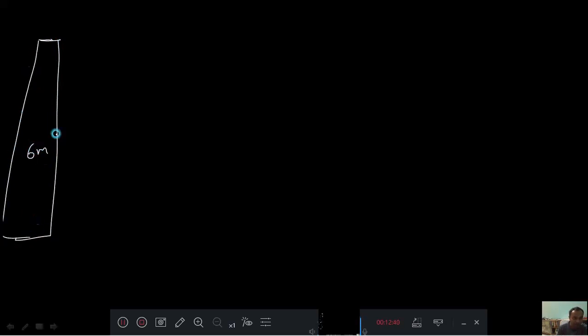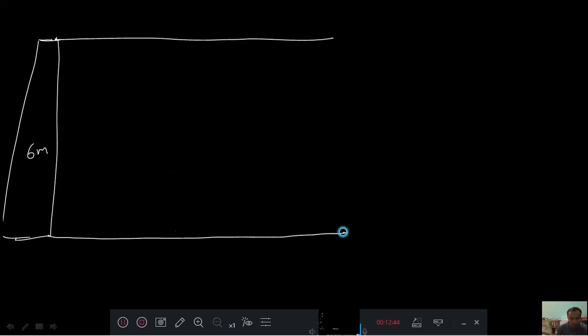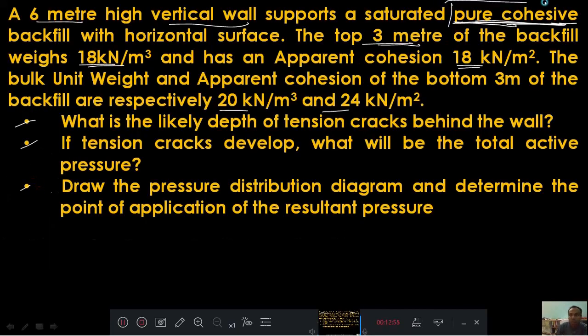They said that there is a 6 meter high retaining wall, right? And the backfill is horizontal. The first 3 meter and second 3 meter they are talking about. Therefore, this is 3 meter and this is also 3 meter, right? Now this is a pure cohesive soil.